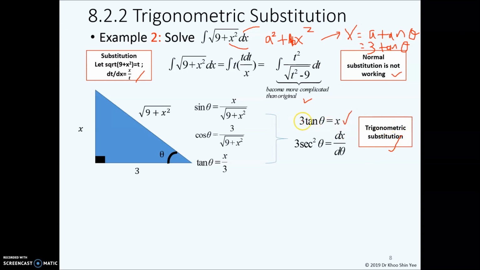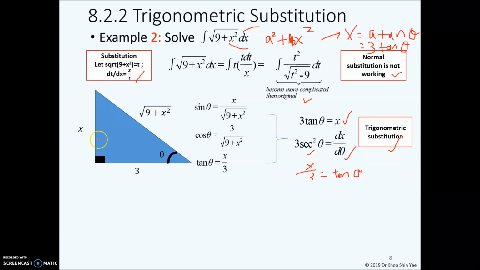Let x equal to 3 tangent angle. So dx over d angle, remember, differentiate tangent, you get secant squared. From this relationship, x over 3 is the tangent.